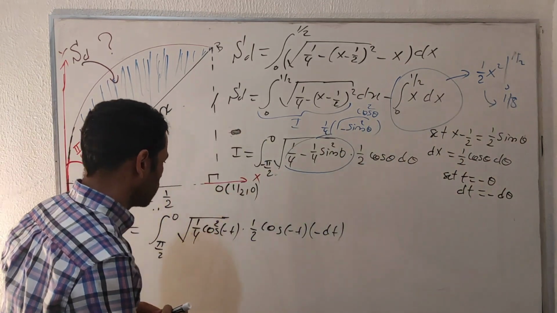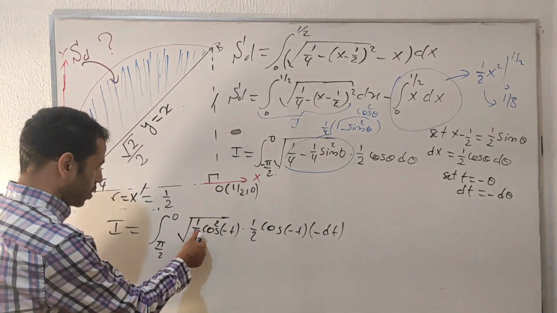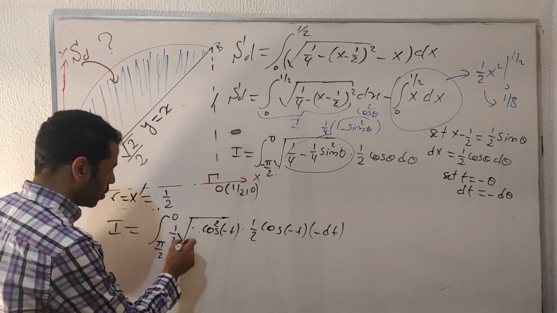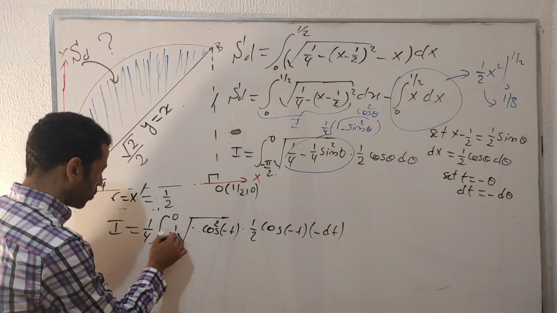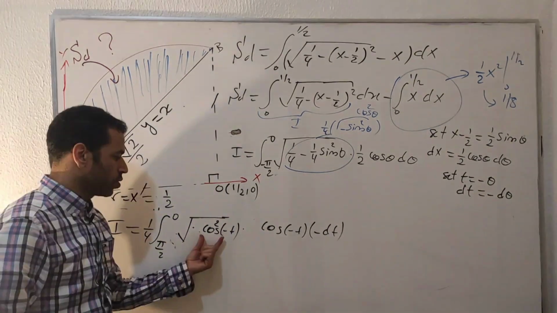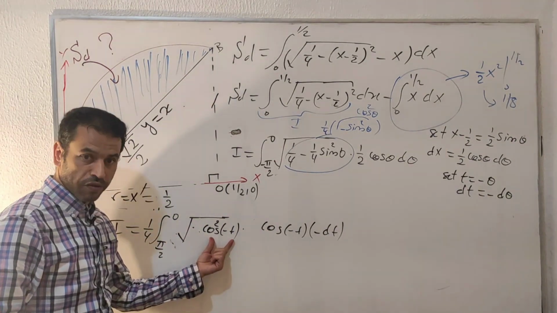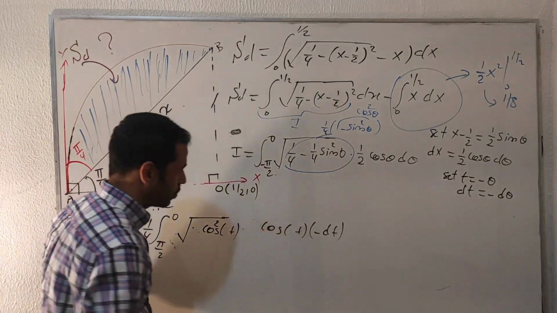Then, by taking the square root, I get 1 over 2 here, and with this 1 over 2 it becomes 1 over 4. I will put this 1 over 4 outside. Since cosine t is an even function, we don't have to put a minus here because it's even.